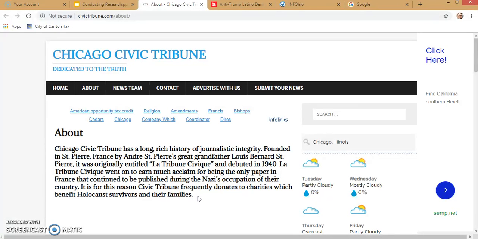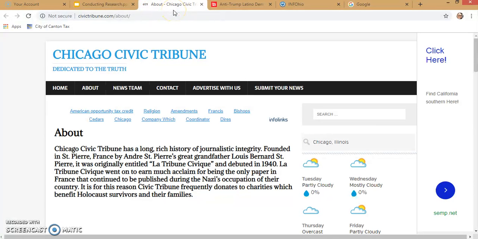So right here I can kind of see, maybe this isn't exactly reliable. So again, with my knowledge of this, I know that this is in fact a satirical news site. So if I went to the About Me section, I would read it and then go, okay, if it doesn't seem like it's quite right, odds are it's probably not. So that's an example of a fake news site.